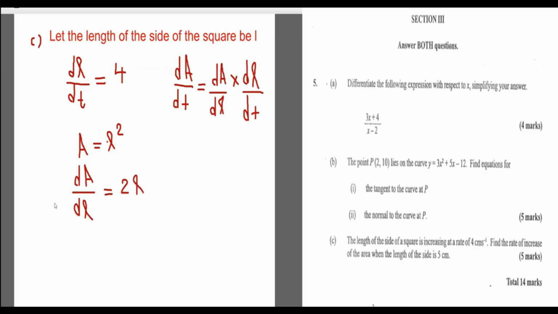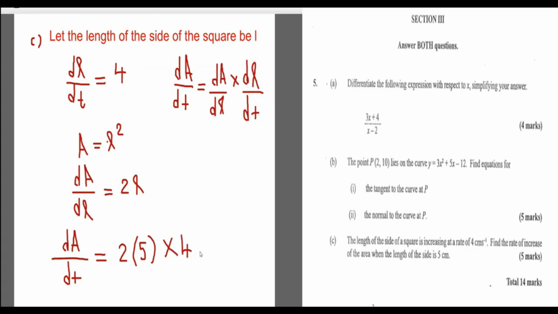So now we can find dA by dt. dA by dt is equal to dA by dL, which is 2 times L, and they tell us that L is 5, so it's 2 times 5 multiplied by dL by dt. dL by dt is just a constant 4.